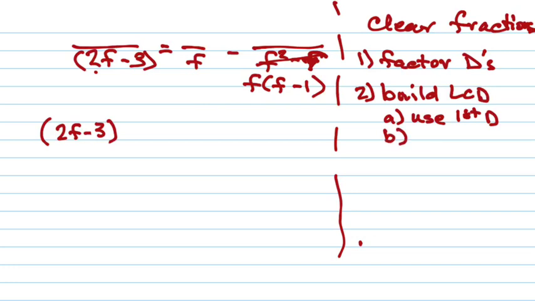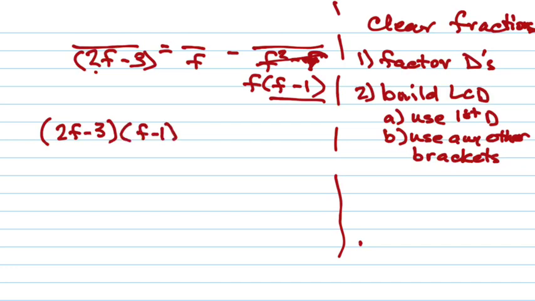Then use any other brackets that aren't the same. The only other bracket I have is the f minus 1. Is it the same as the one I already have? No. So that means I need it.